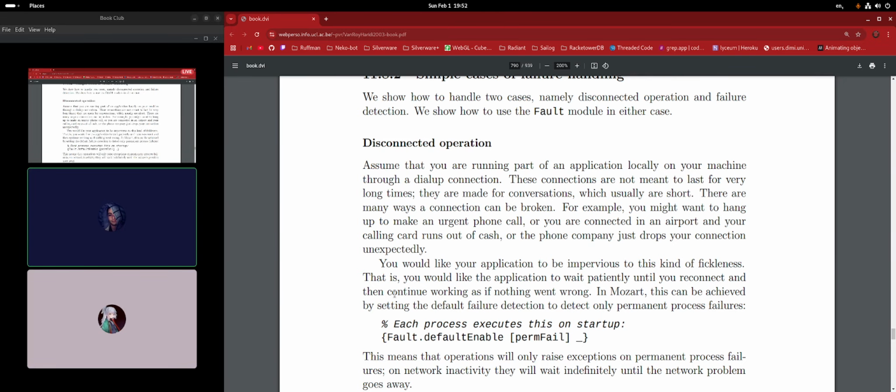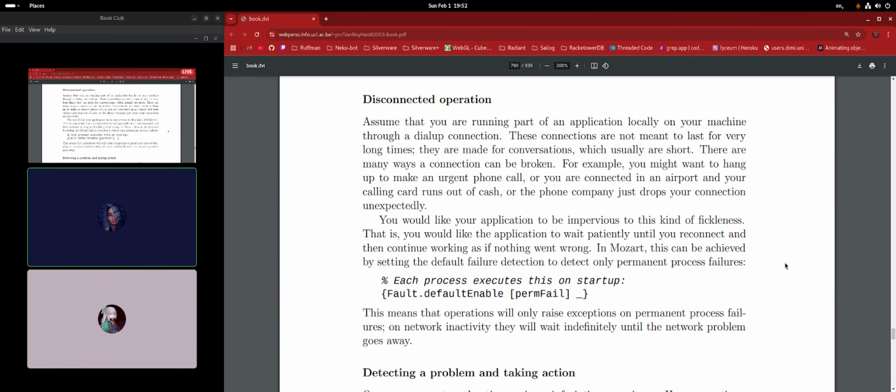You would like our application to be impervious to this kind of fickleness. That is, you would like the application to wait patiently until you reconnect and then continue working as if nothing went wrong. Man, that would be so awesome, because you are in the airport doing some work, and you need to remember, as soon as the plane is taking off, to do a commit or save your stuff that requires a constant internet connection.